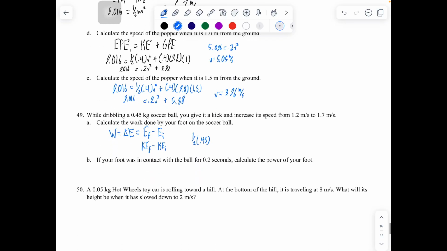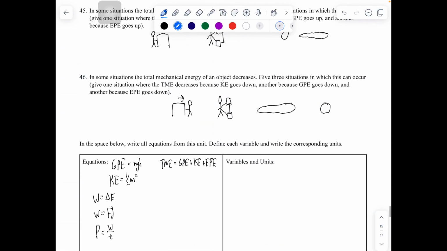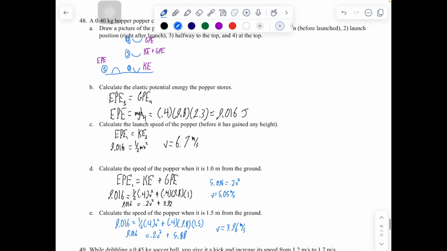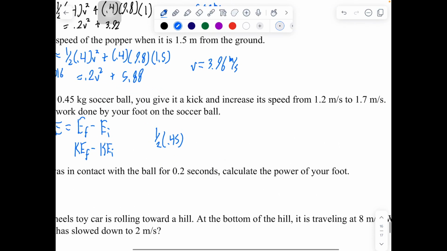Velocity squared, again, this is final velocity, 1.7 squared, minus the kinetic energy it had to start with, 1.2 squared.